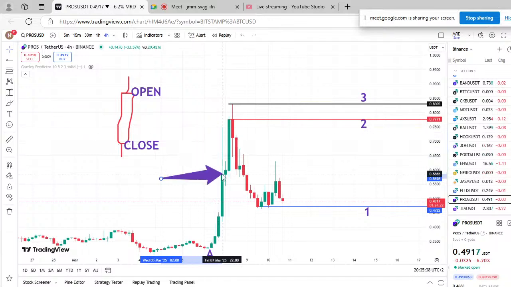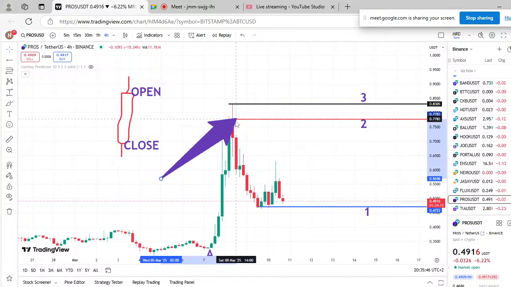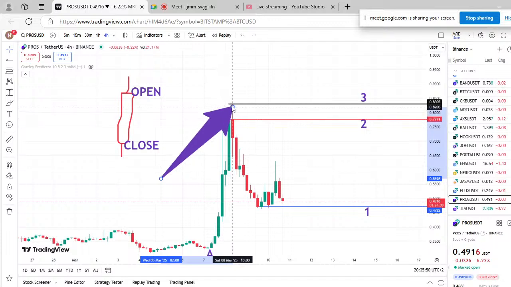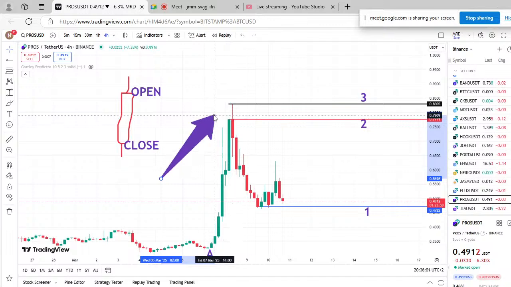So if I am to take profit, I consider its close and I draw the line. Whenever you are drawing support and resistance, don't draw at the wick. We draw at the close. Are we getting the point? We draw at the close.